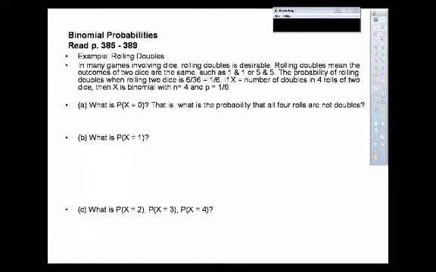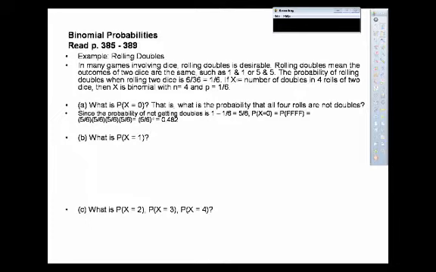What is the probability that X equals 0? That is, what is the probability that all 4 rolls are not doubles? Okay? Since the probability of getting doubles is 1/6, the probability of not getting doubles is 1 minus 1/6, which is 5/6.